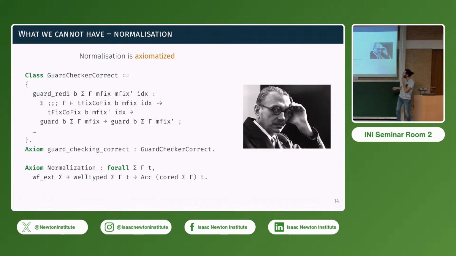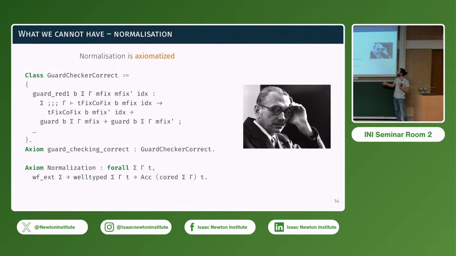So we axiomatize it. In practice, we just have this big axiom normalization saying every well-typed term is accessible for this reduction relation. And actually, it's a slightly more complicated story because in Coq, you can only in principle define fixed points that are in some sense structurally recursive. And there's this bit called the guard, which is the part that's checking it.